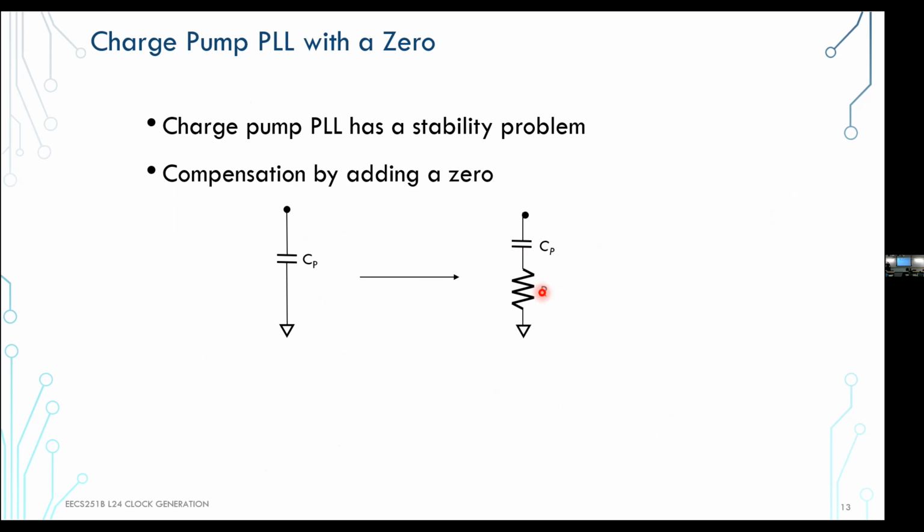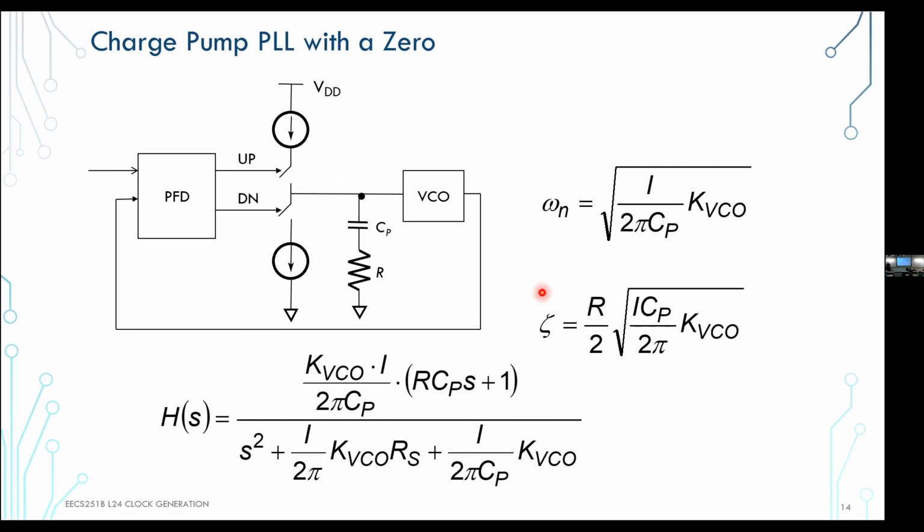And we can tune the size of the CP and R to minimize the ripple in the control voltage and provide, just like a normal second order linear system, the damping factor and the natural frequency adjusted based on these parameters, essentially the charge pump current, the charge pump capacitor, as well as tune where my 0 needs to sit with the RCP, right? So I have some degrees of freedom in which I can adjust this control loop to do what I want.